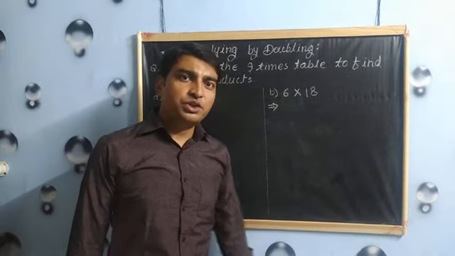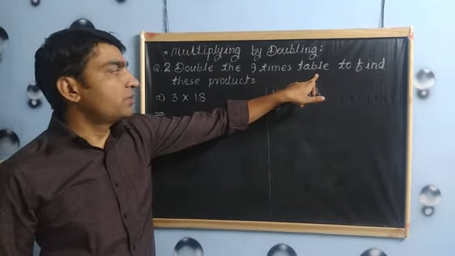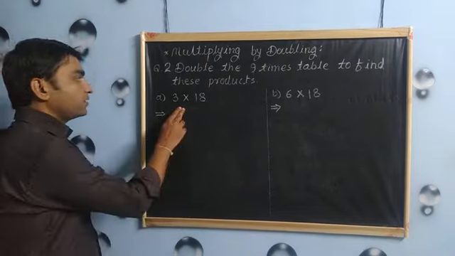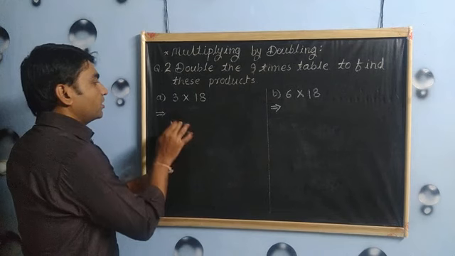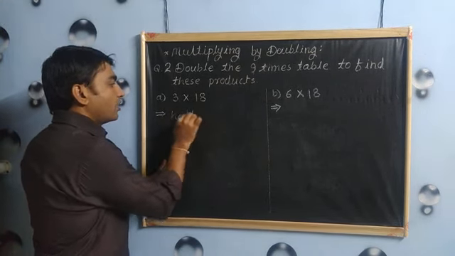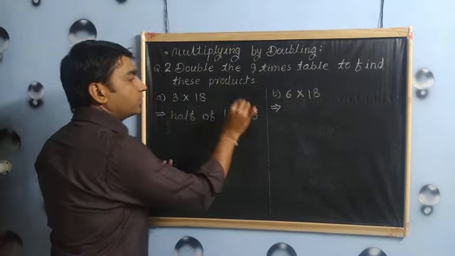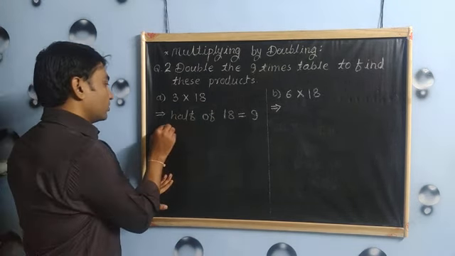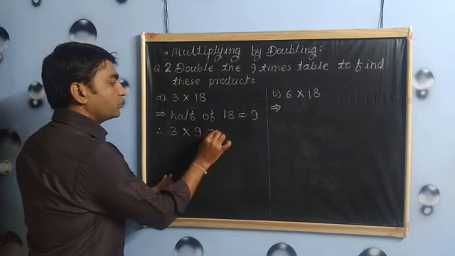Let's solve one more question of the same type. Double the 9 times table to find these products. The first sum is 3 into 18. Here first we will take half of 18. Half of 18 equals 9. Now instead of 18 we will use 9. So 3 into 9 equals 27.